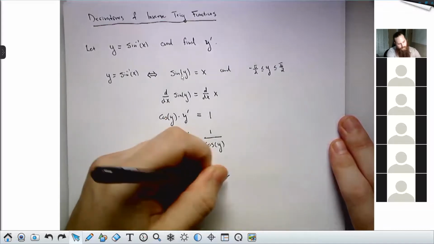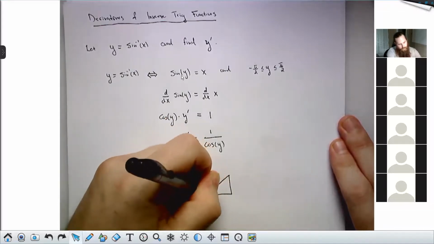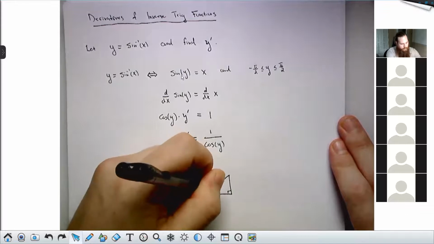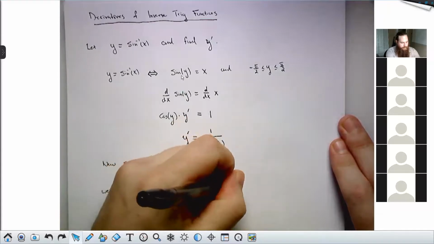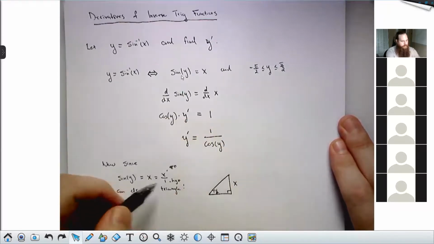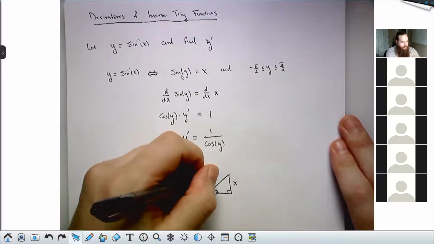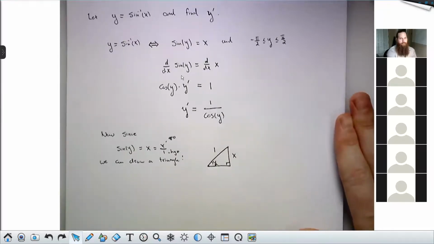So we'll draw a right triangle where the angle down here is y, and I know that the sine of y is equal to x, the opposite, so I label the opposite as x over 1, the hypotenuse. So I label the hypotenuse as 1.